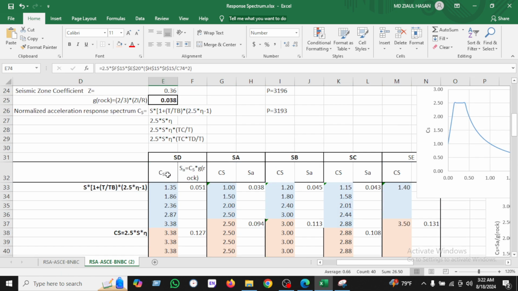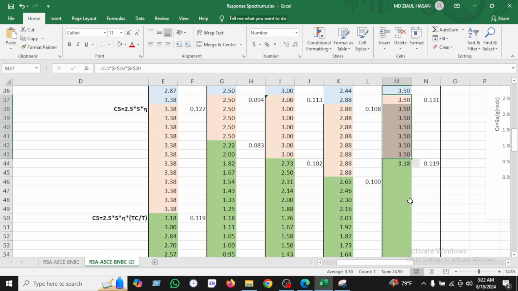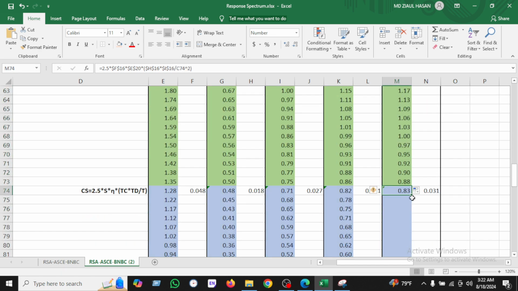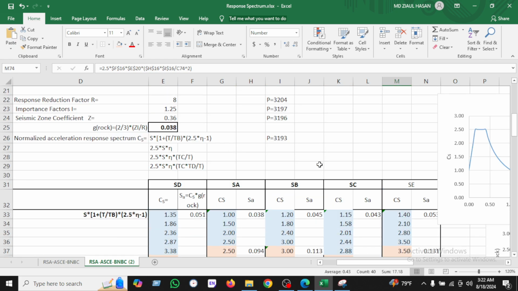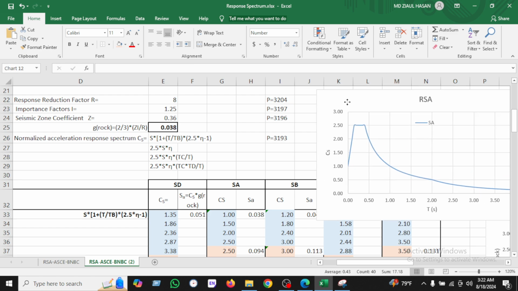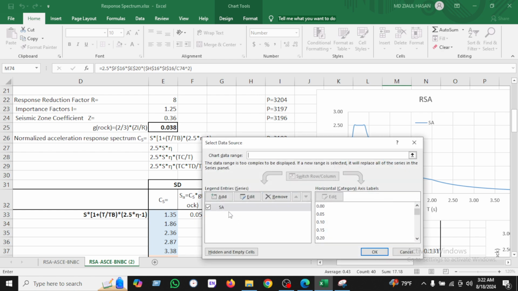Okay, so Sd and Se in the same way. First formula is done, second formula of Cs is done, third formula of Cs is done, and fourth formula of Cs is done. So all the Cs are found.